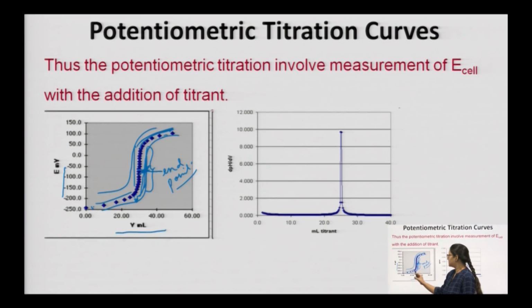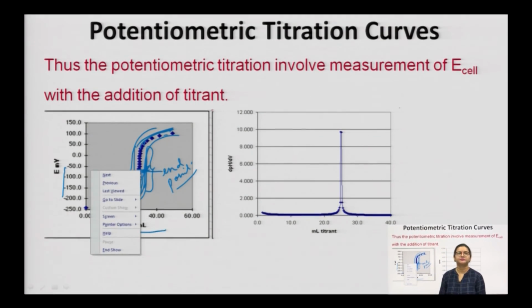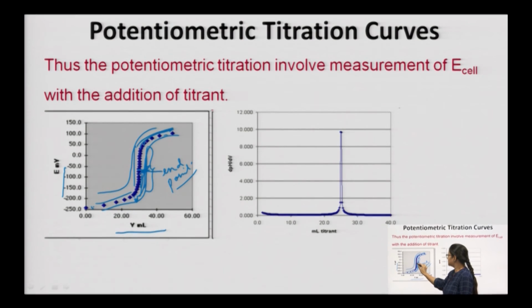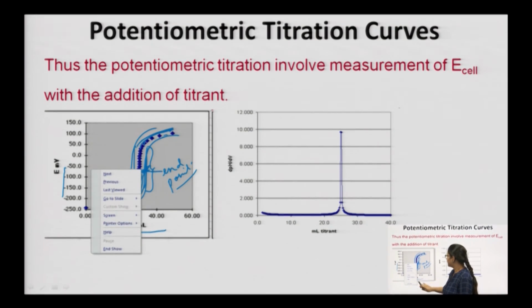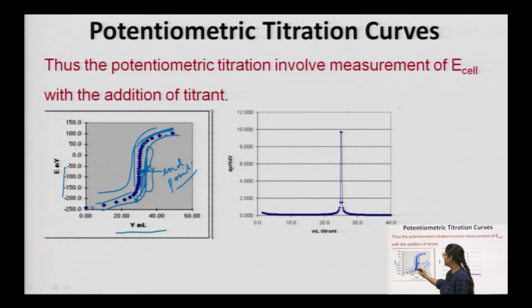And in this sudden rise in the electrode potential, this vertical line, comes our end point. This point is our end point, and both of these regions are neighbors of the end point. These are the stable regions of titration.